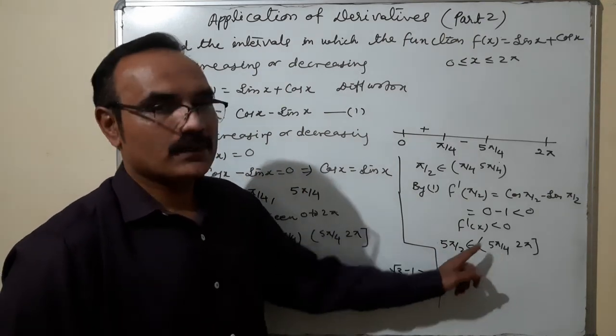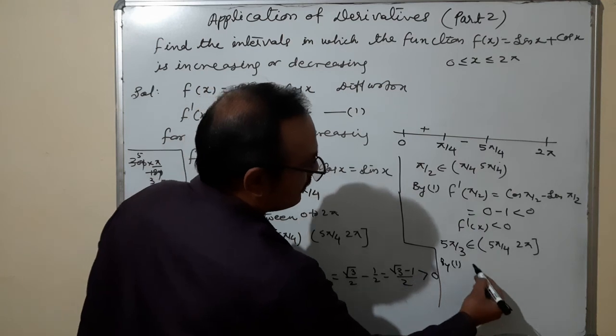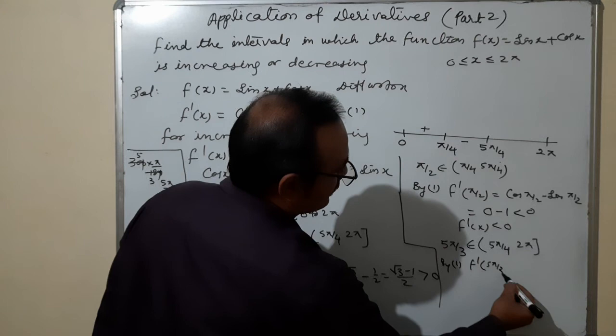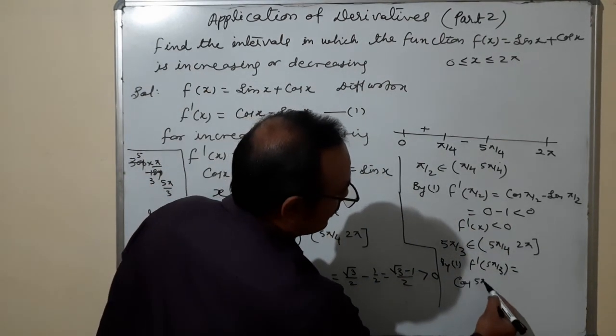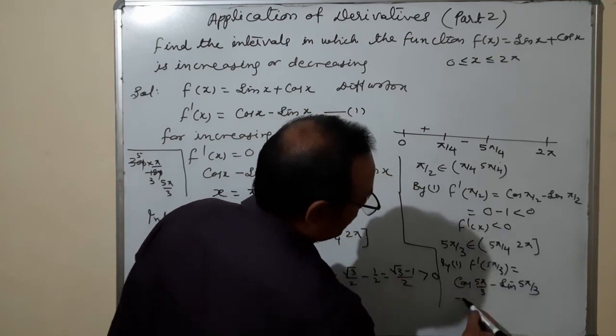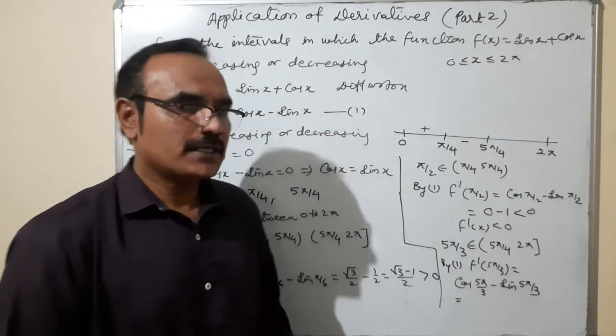This is a greater number than one, it's coming between them. Now again, f dash 5 pi by 3 is equal to cos 5 pi by 3 minus sin 5 pi by 3. Cos 5 pi by 3, that means it is cos 300. And cos 300, what does it mean?